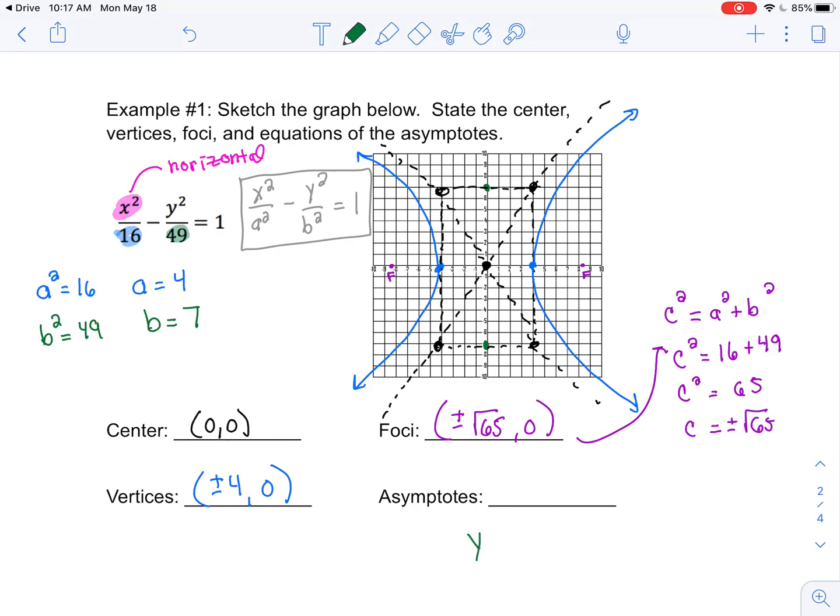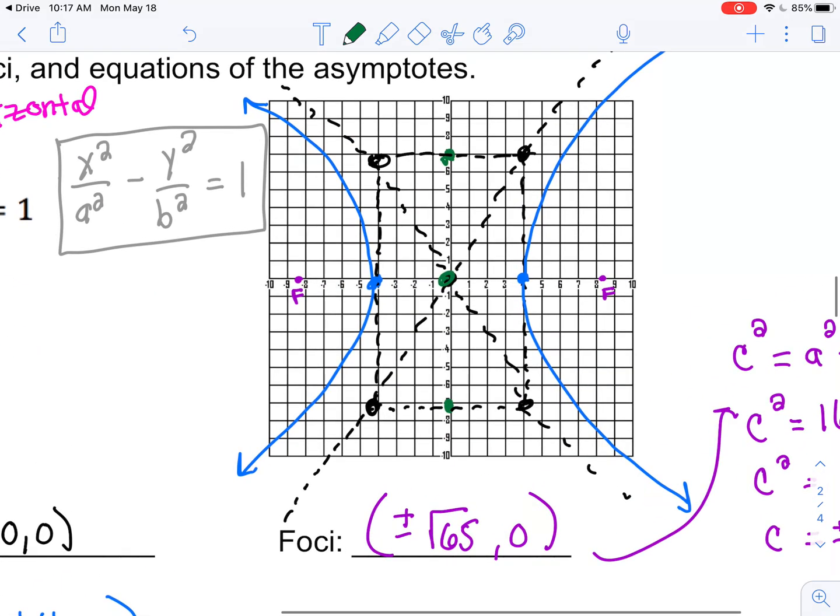So we know it's going to be y is equal to plus or minus b over a x. And the reason why, if I look at this distance here, which is the rise from here to here, this distance is my b.